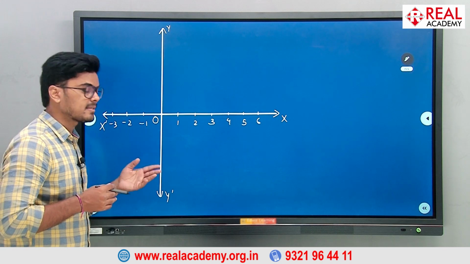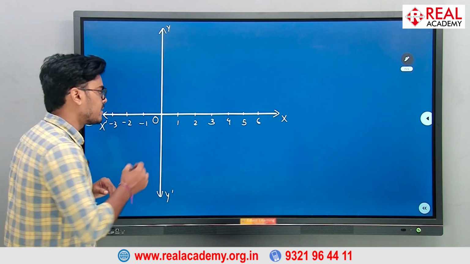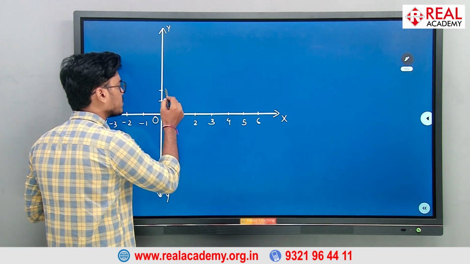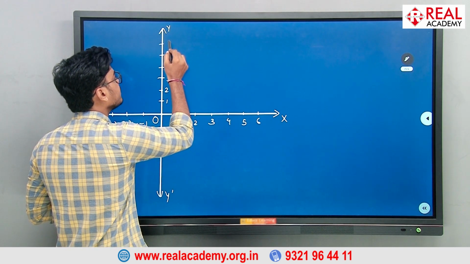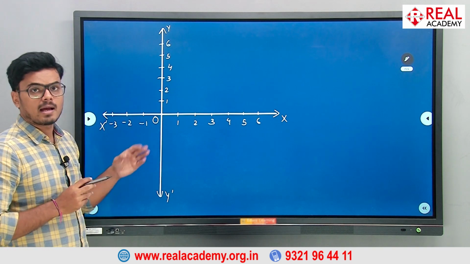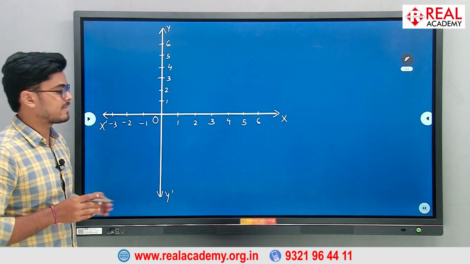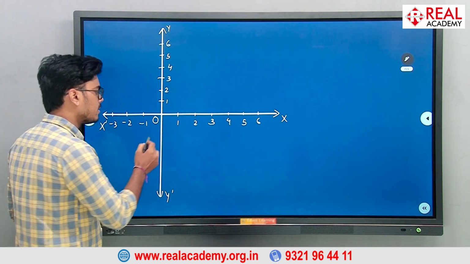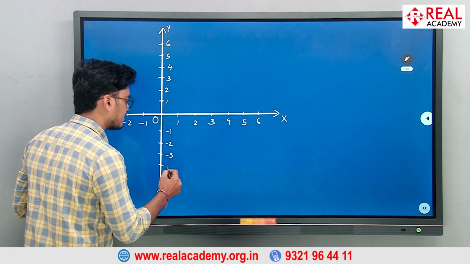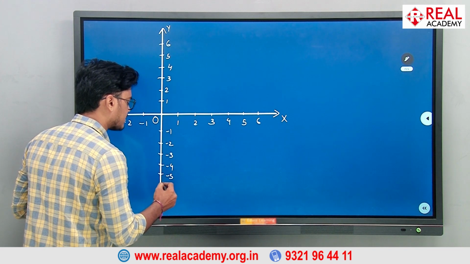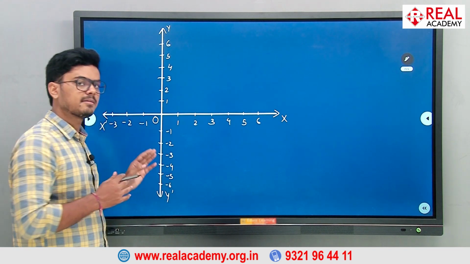And for the y-axis, in the upwards direction, it is +1, +2, +3, 4, 5, 6 and so on. And what is the negative side for y-axis, which is below the origin? That is -1, -2, -3, -4, -5, -6 and so on.